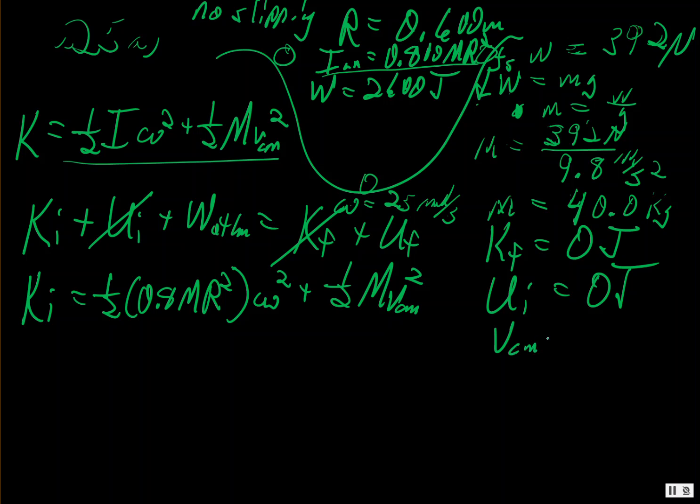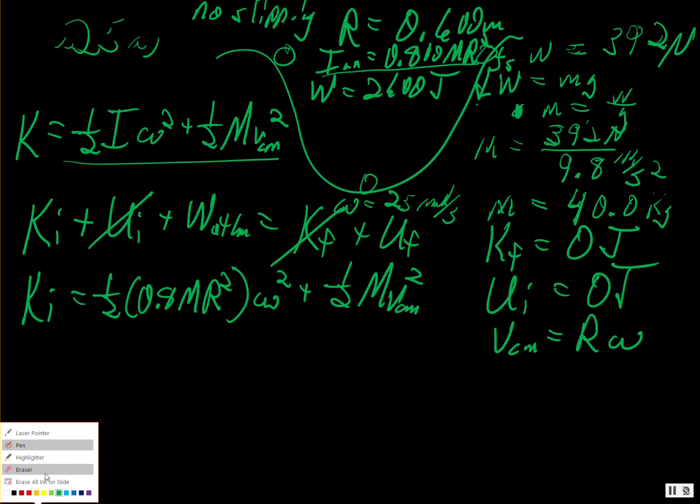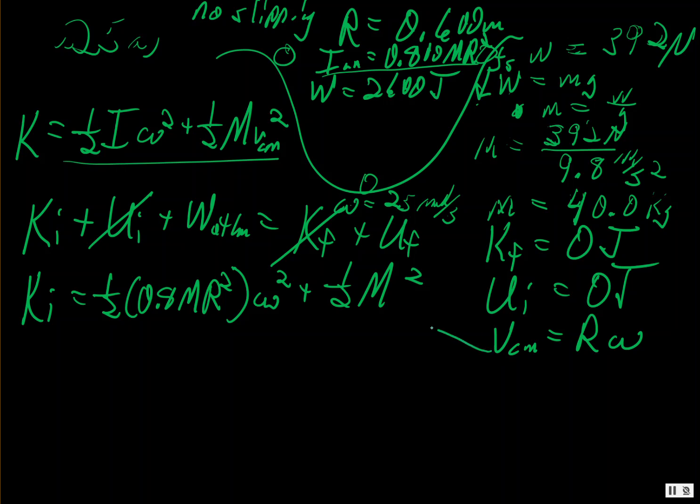The velocity of the center of mass is equal to what? R times omega. Okay. So let's substitute that right here. That's what I was forgetting. We're going to substitute that right there, and it becomes R squared omega squared.